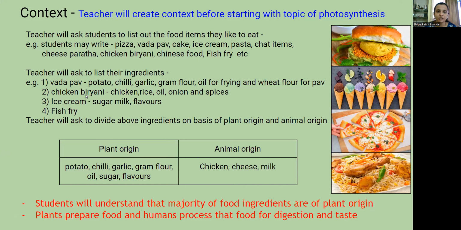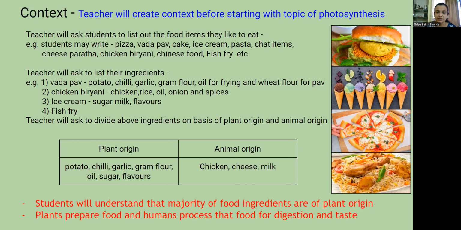If a child writes chicken biryani, then the ingredients are chicken, rice, oil, onion, spices. If it is ice cream, then sugar, milk, flavors. Fish fry, then obviously fish, then for binding rice flour or some other binding material, oil, spices.